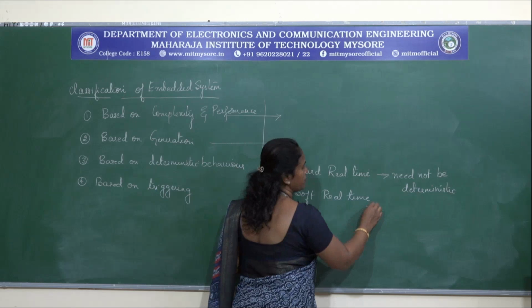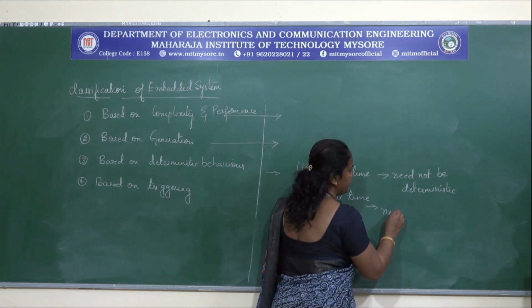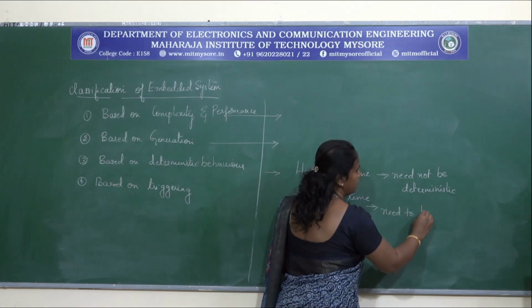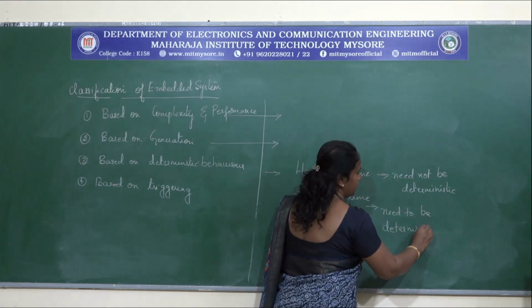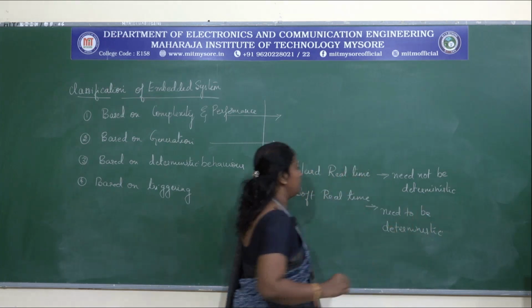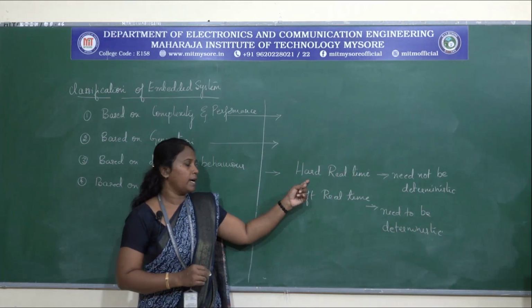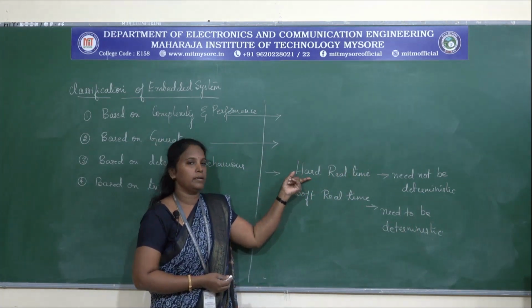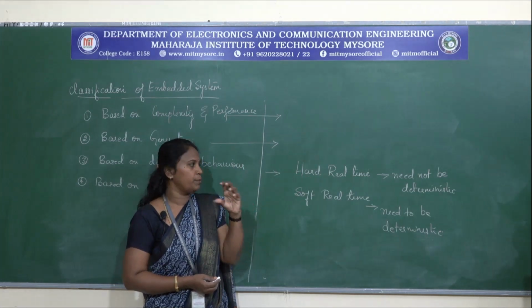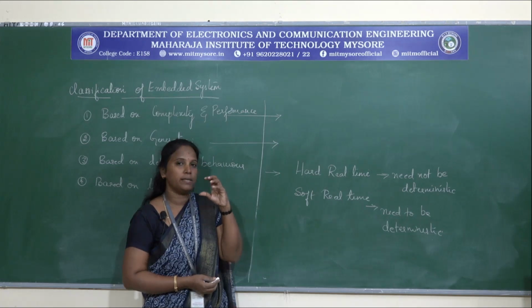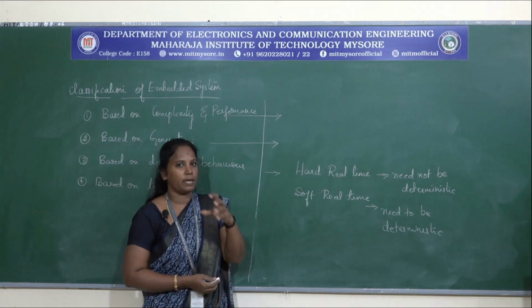But in the case of soft real time, it needs to be deterministic. That means to say that it has to meet its deadline. If we have specified some deadline, it has to perform its action within the specified time interval.